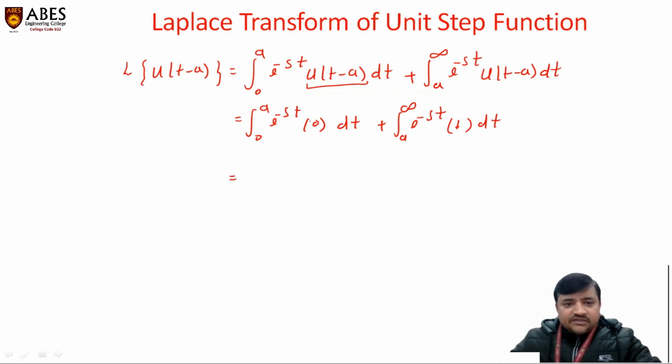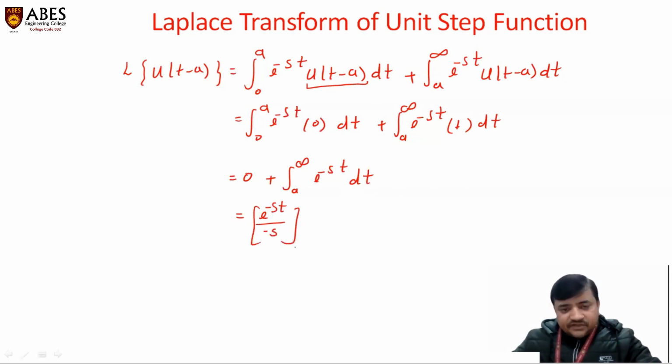It is equal to, this first integral will be 0 plus, we are left with the integral of e to the power minus st dt. So integral of this function will be e to the power minus st divided by minus s, and the limit goes from a to infinity, keeping 1 upon minus s outside.